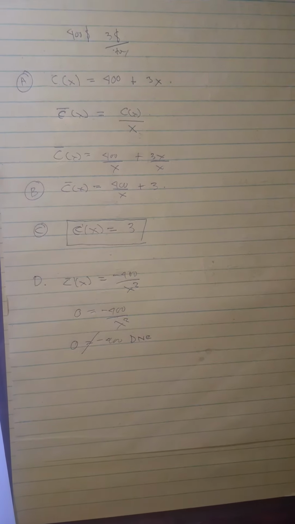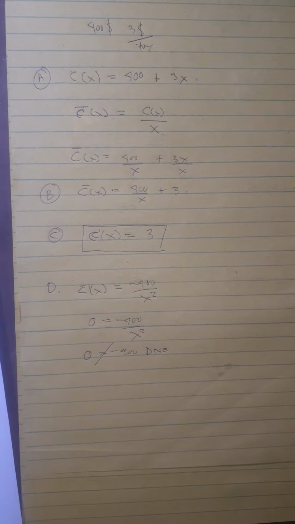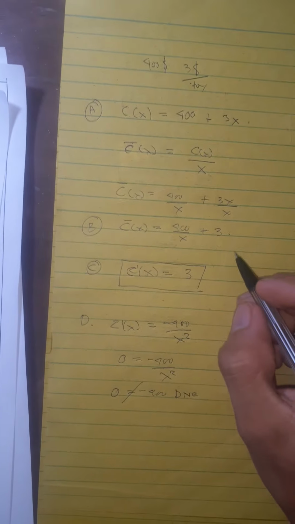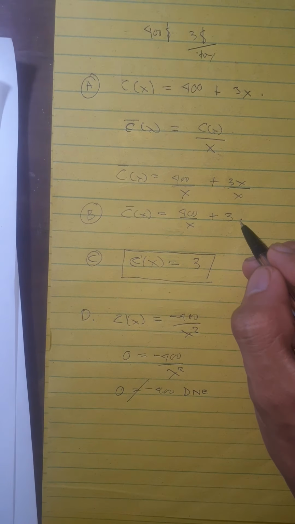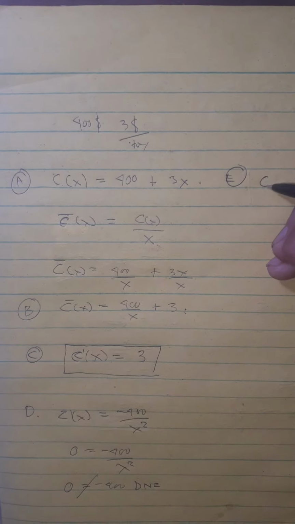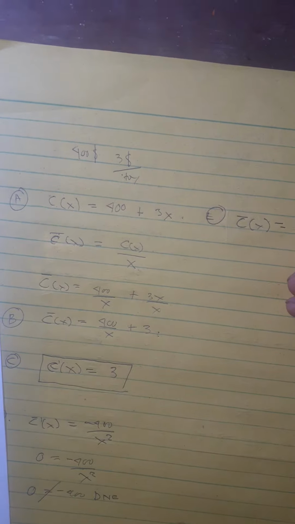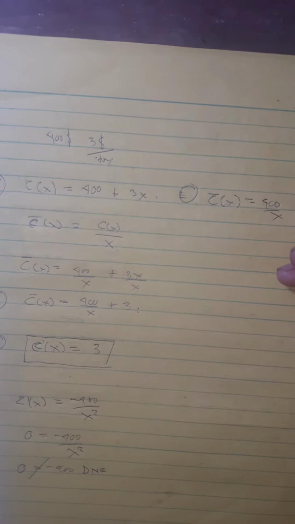For part e, the smallest number of toys that must be produced so that the average cost per unit is less than $3.42. The average cost per unit is 400 over x plus 3. So we set 3.42 equal to 400 over x plus 3.